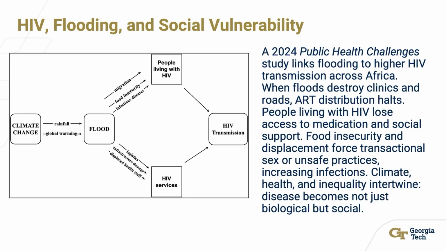But let's talk about another one that's more specific to humans, the human immunodeficiency virus. If we're talking about climate change and its impact on health outcomes, we see a chart here that's discussing how climate change, whether it's rainfall or global warming, can lead to floods, which ultimately force migration, but also food insecurity and the expansion of infectious disease.